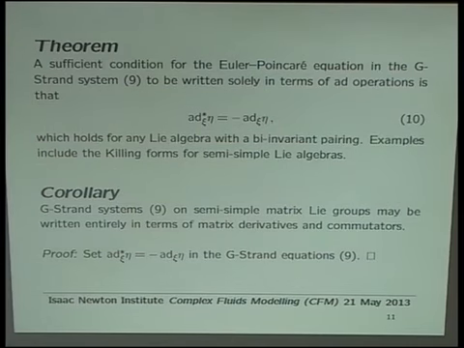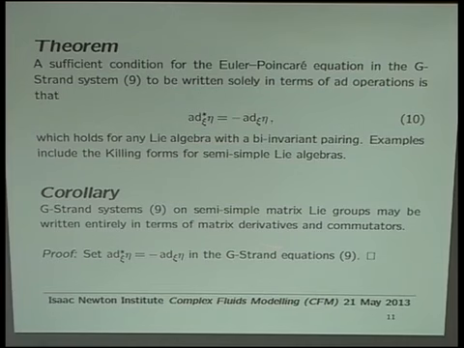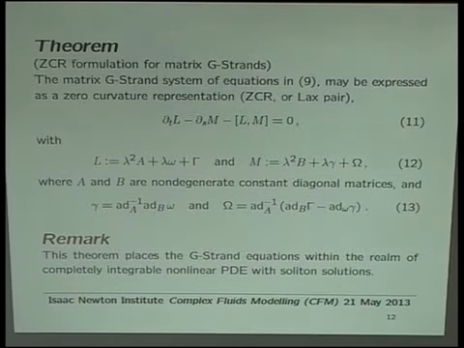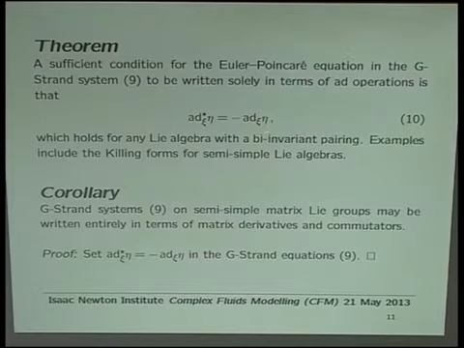And this works for SO(3), and it works for any semi-simple group, and it may work for many more groups like SE(3), provided you do some other interventions. So the corollary is that we can write our G-strand system only in terms of ads, in which case we immediately can write it in terms of what's called a zero curvature relation.